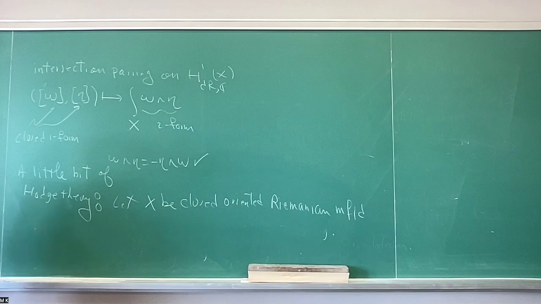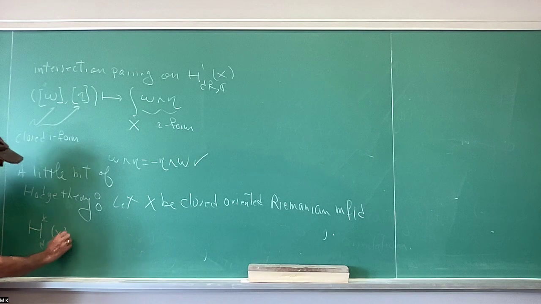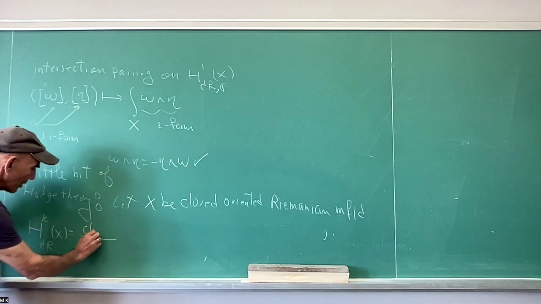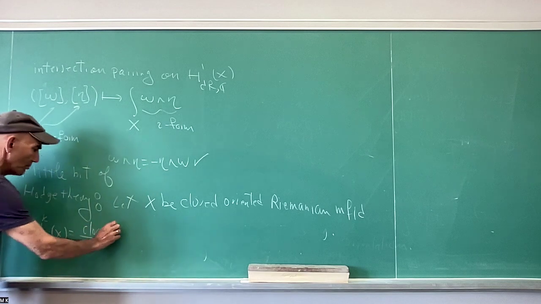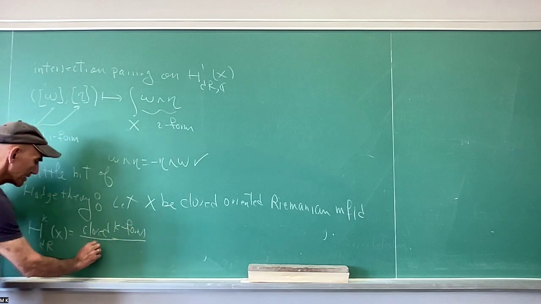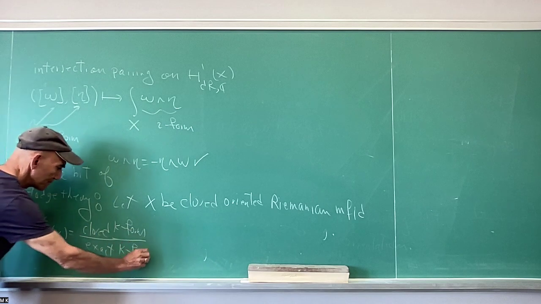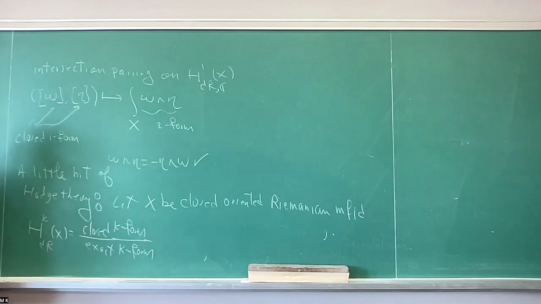So okay, the de Rham theory, you remember H^k de Rham of X again was closed k forms divided by exact k forms. So these are the space of all closed k forms divided by the space of all exact k forms.